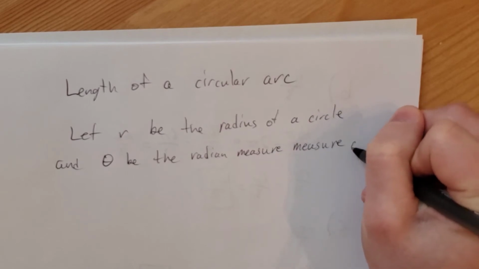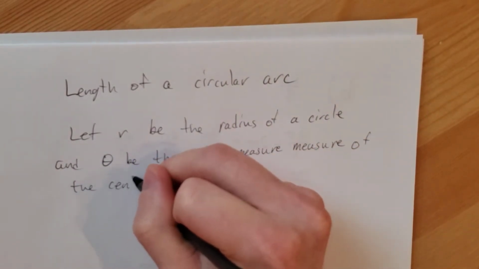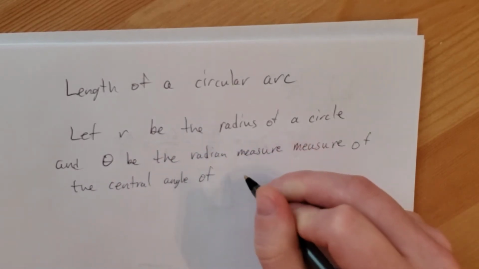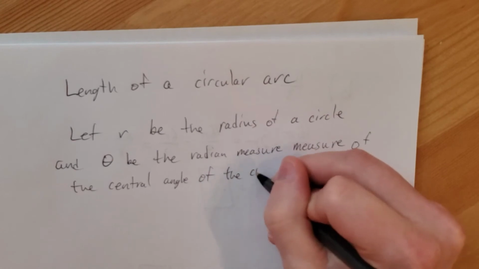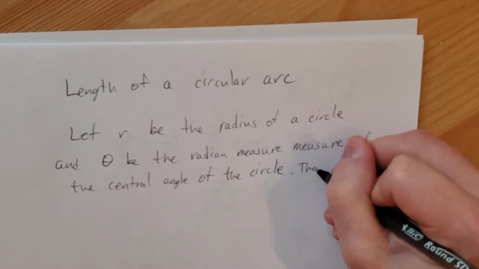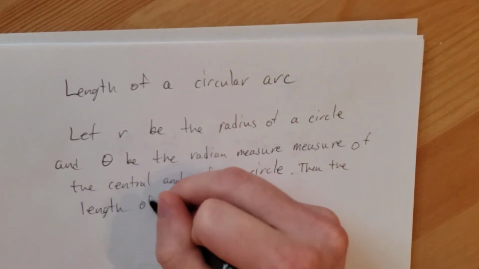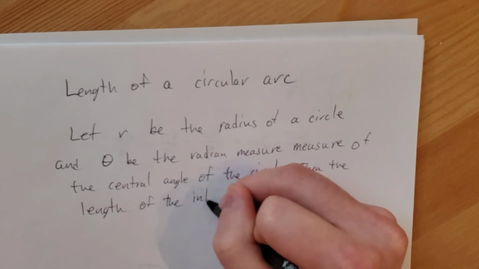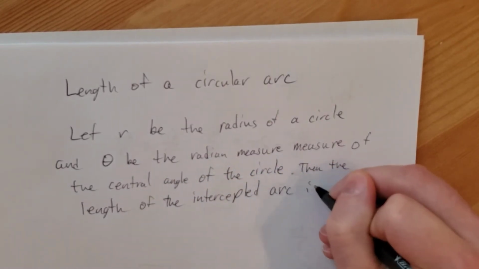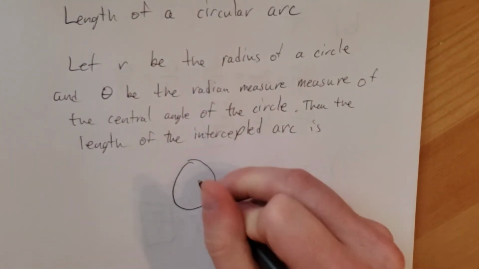The radian measure of the central angle of the circle. Then the length of the intercepted arc is, and then we will draw the picture.